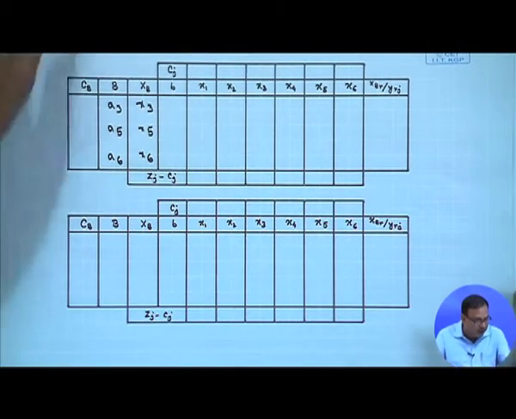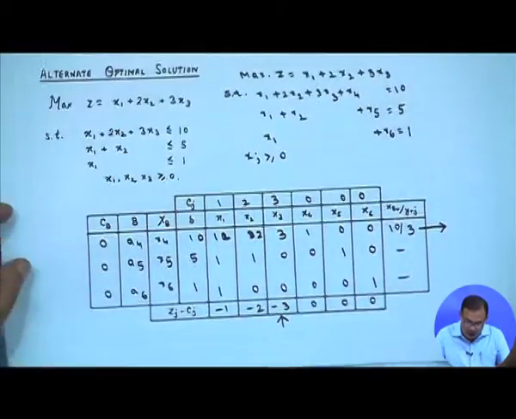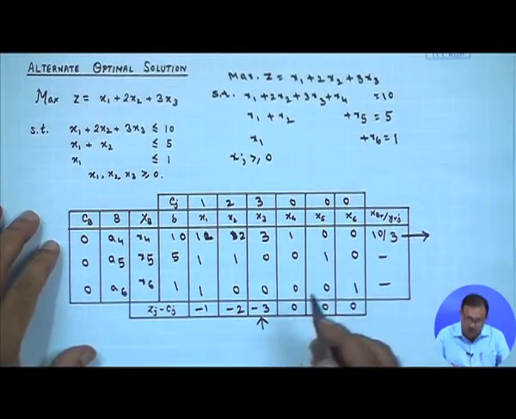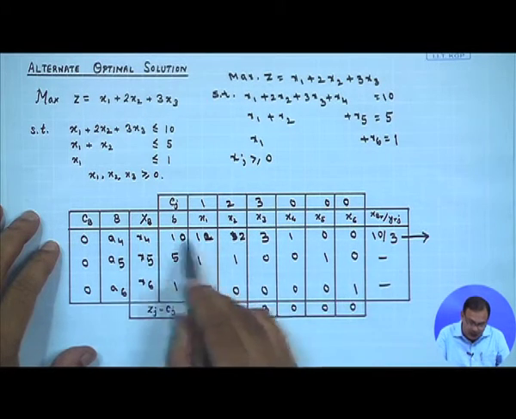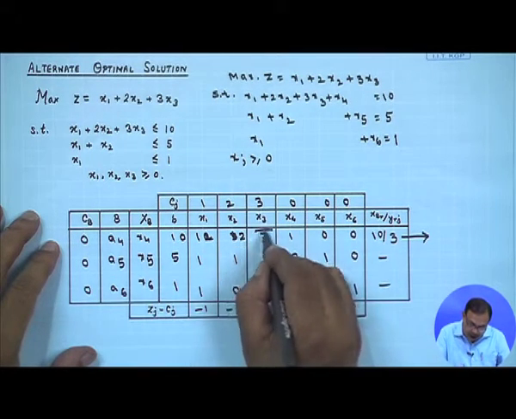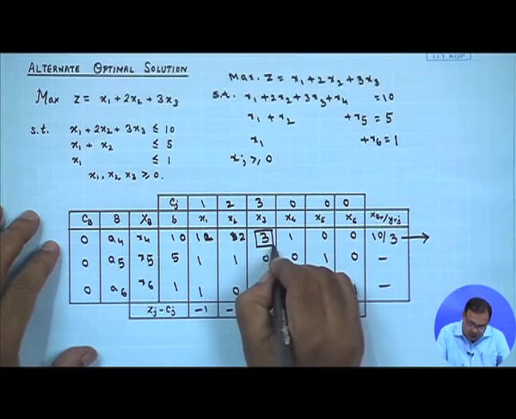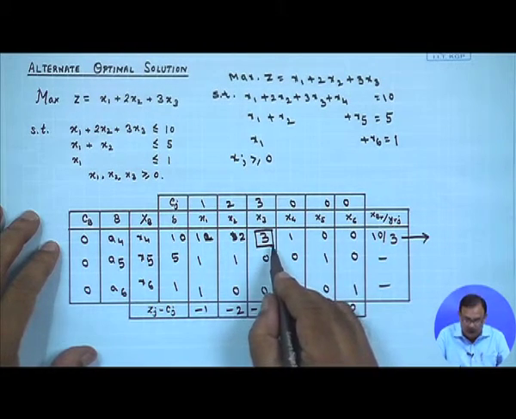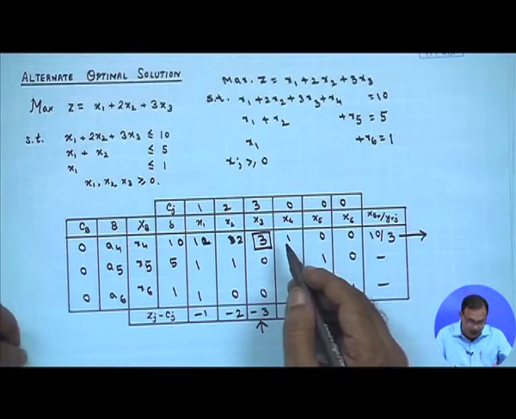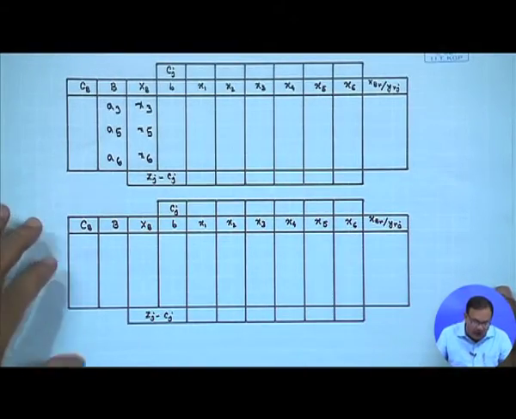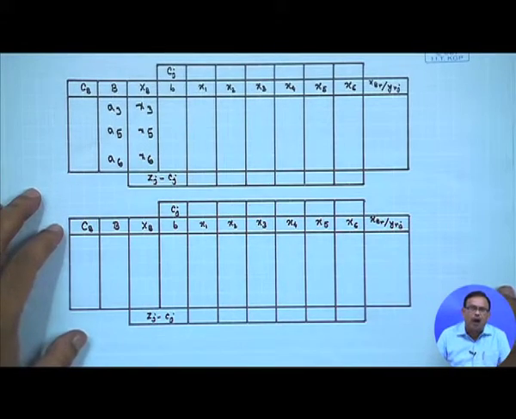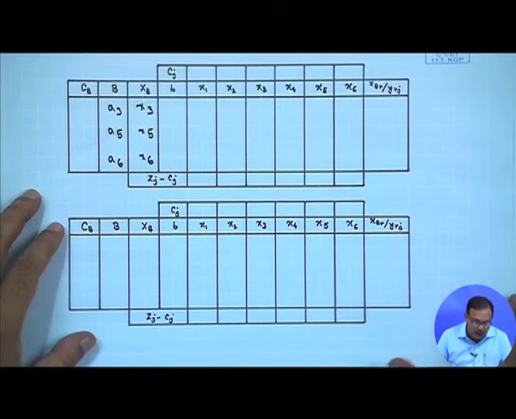In the earlier table, x3 is the entering variable and x4 is the outgoing, departing variable. So your pivot element is this one, that is 3. I will make that 1, and all other elements of that column will be 0.